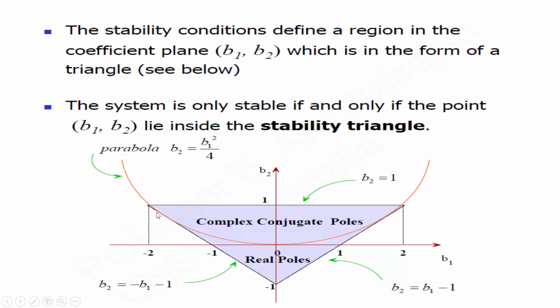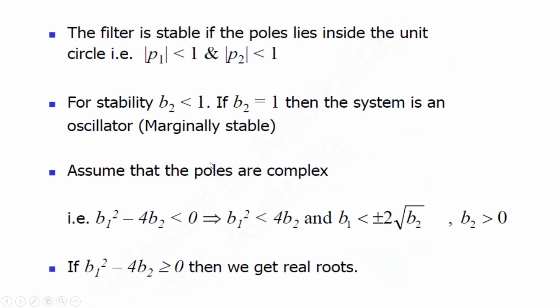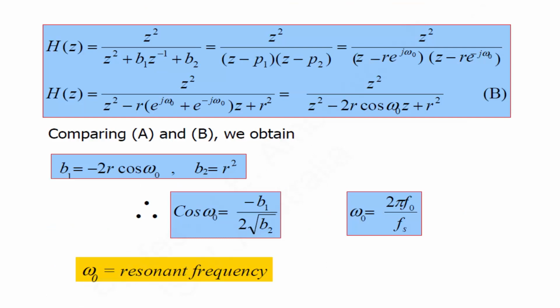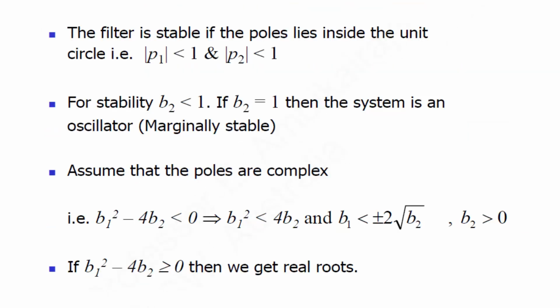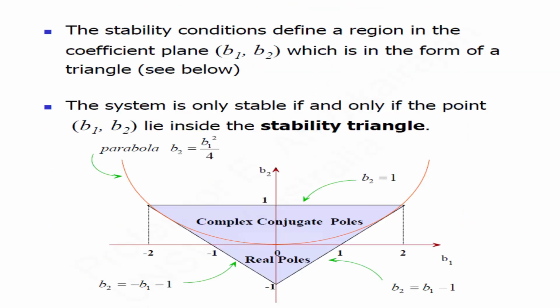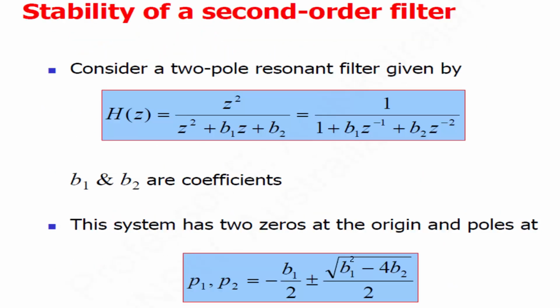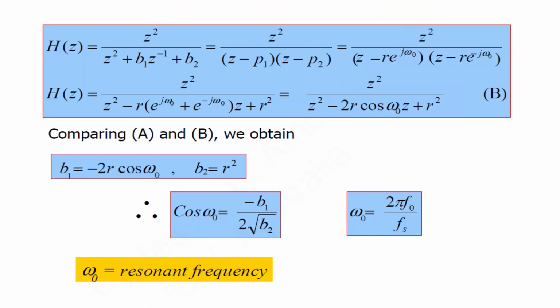This shaded portion is the stability triangle. This is basically a parabola, b2 equal to b1 square over 4. We know this value from here, because b2 is b1 square over 4.